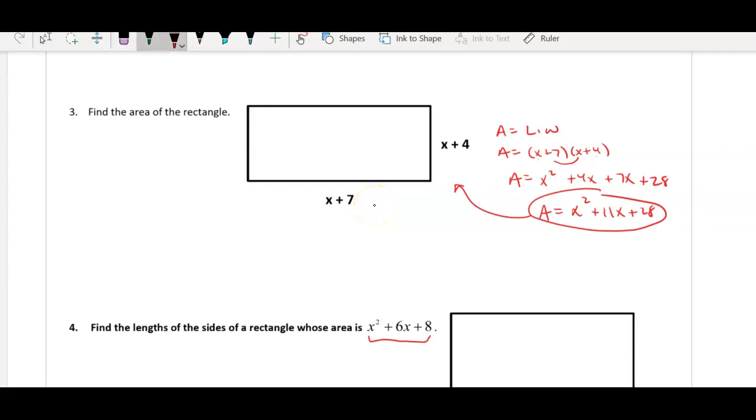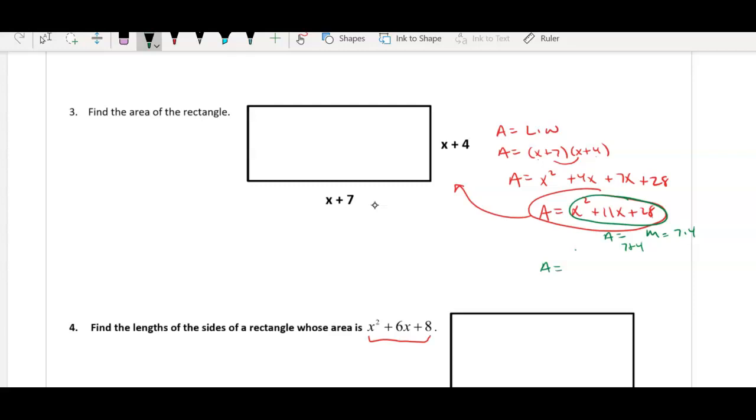Well, if I look here, when I go to rewrite this as x plus 7 times x plus 4, if I find the numbers that multiply to give me 28 and add up to give me 11, those numbers are 7 and 4, and 7 plus 4 is 11.